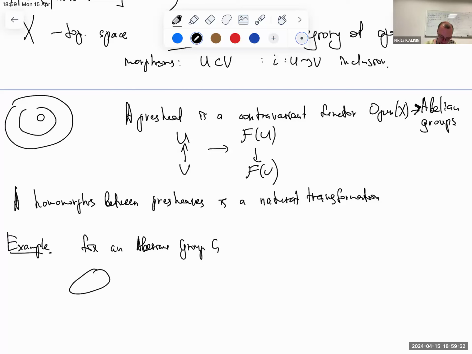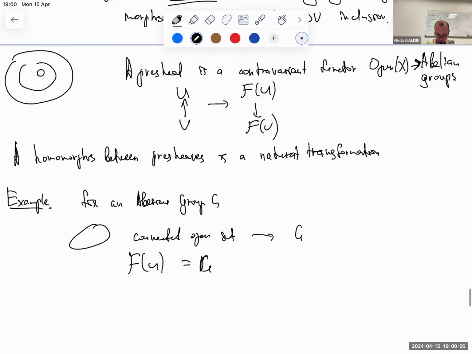So a connected open set goes to the group G. So F of any U is G if U is connected. In general, just take the F of U. It will be, I think, the sum of this G over all connected components of U.